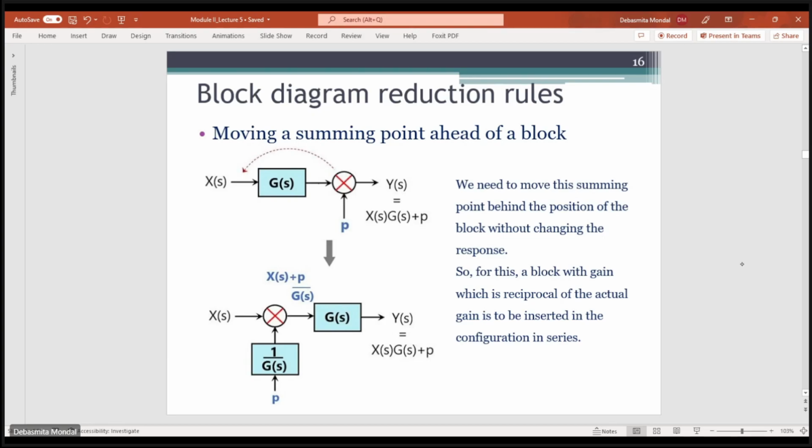So if this is G(s), once you move it ahead, you will multiply it with another block given by 1 by G(s). Then only your output will remain constant.